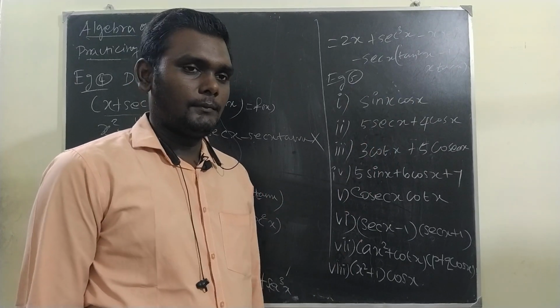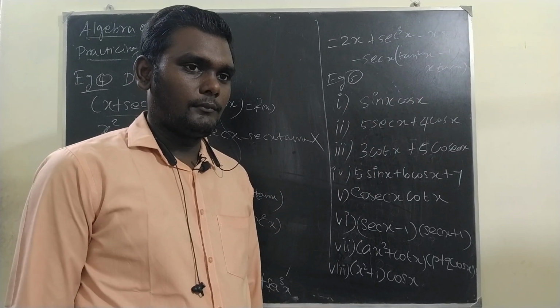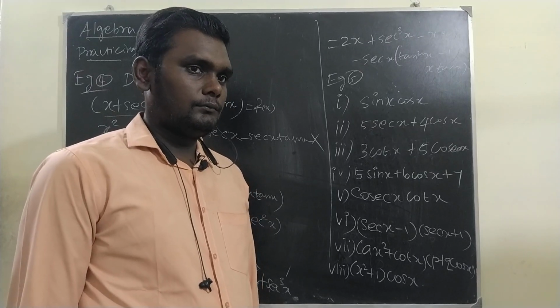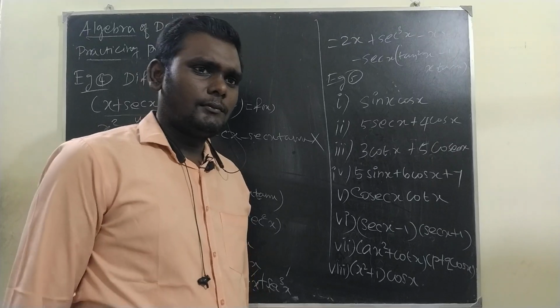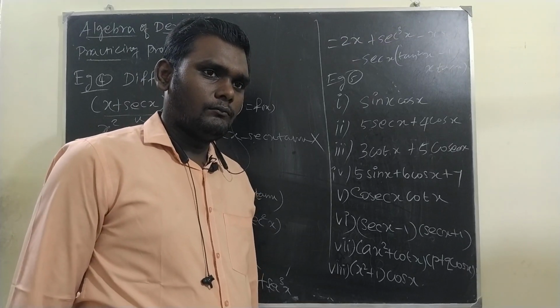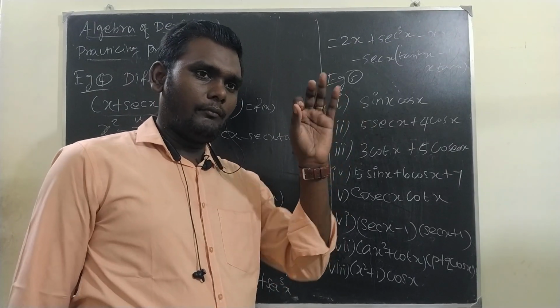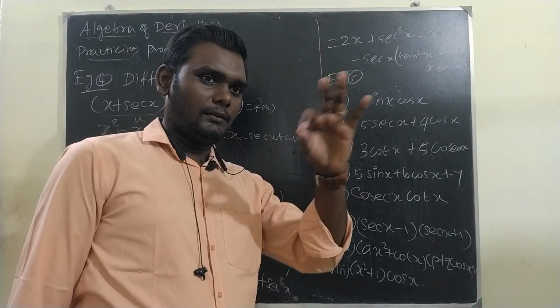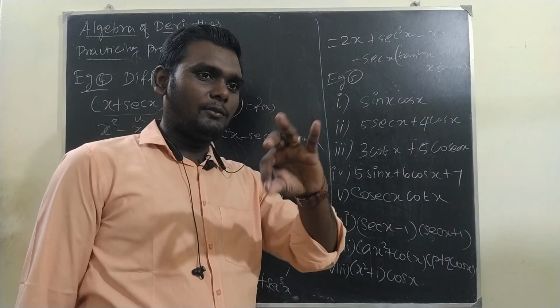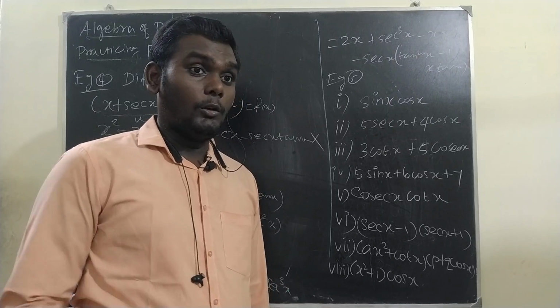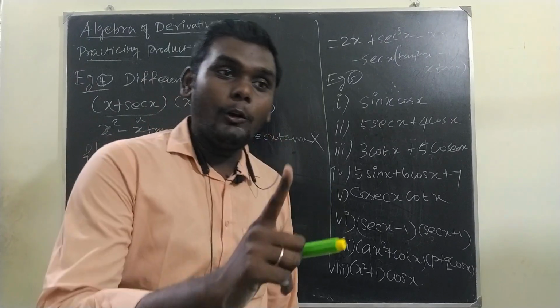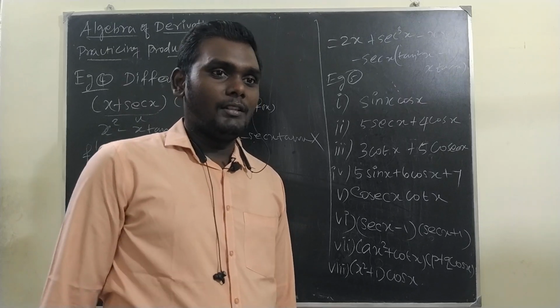Here, direct. How can you do it directly? 5, 4 and all are there. What is pi, man? If you remember, if a constant is alone, the derivative is 0.